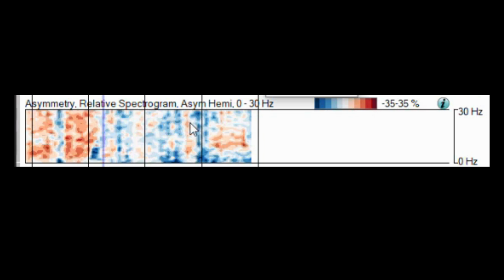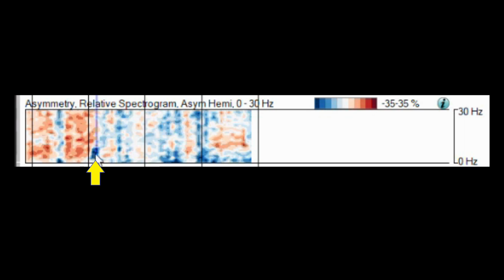At any moment in time, say, for example, right here, what this particular asymmetry trend is showing you is if you see a particular color, say blue, which is representative of the left hemisphere, at those particular frequencies, so maybe from 1 to 4 hertz, the left hemisphere is more involved. There's an asymmetry. You can see that's really the seizure right there. It kind of sticks out from everything else.